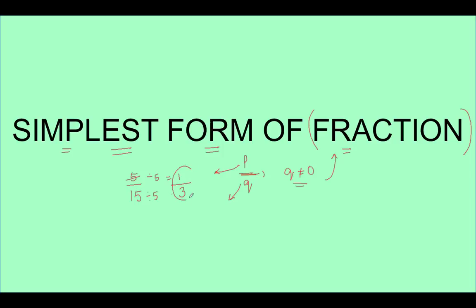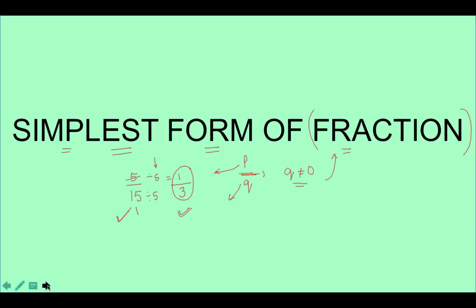Now when I look at 1 upon 3, they cannot be divided by any common number anymore, right? So I can say that the simplest form of the fraction 5 upon 15 is equal to 1 upon 3.